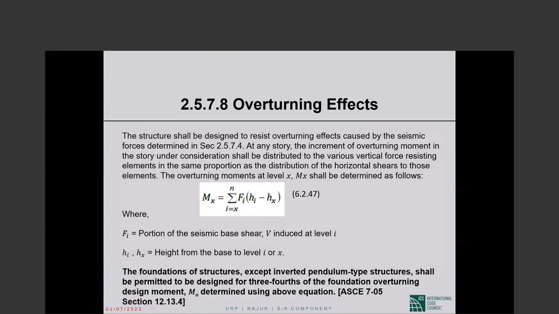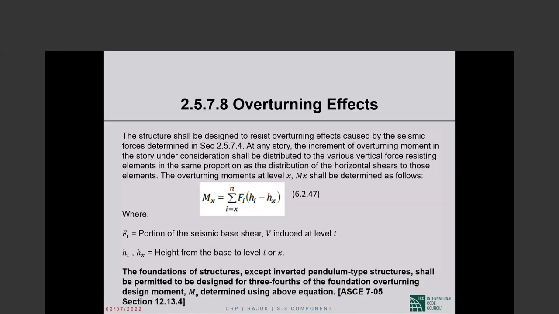Now, the foundations of structures, except inverted pendulum type structures. This is like a water tank where all the mass is at the top. The foundations of structures, except inverted pendulum structures, shall be permitted to be designed for 3/4 of the foundation overturning design moment M sub 0 determined using the equations.